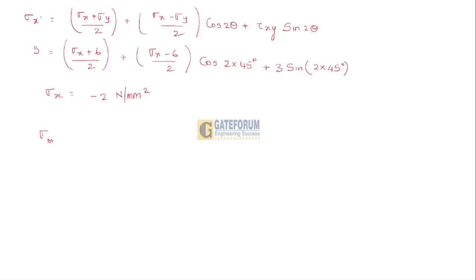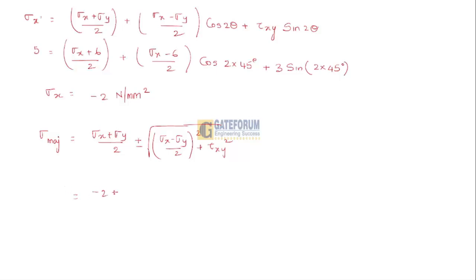So when you are talking about major axis, sigma x plus sigma y by 2 plus or minus root of sigma x minus sigma y by 2 whole square plus tau xy whole square.